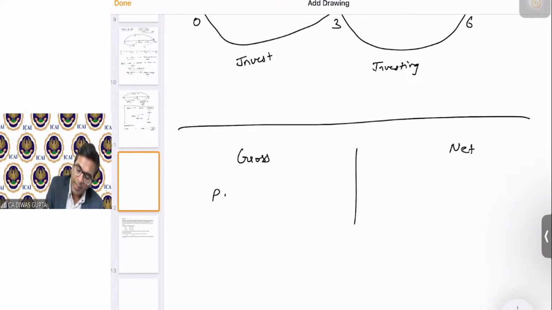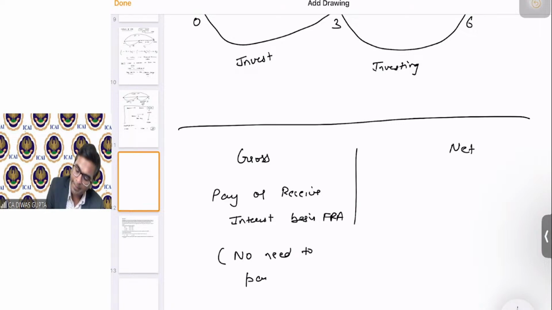Either you will pay or receive the interest basis FRA. In this case, there is no need to pay any difference, because you have committed to invest or borrow through the FRA rates, and you end up paying those interest rates for the borrowing or receiving.